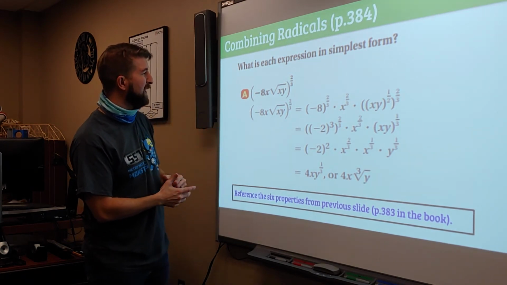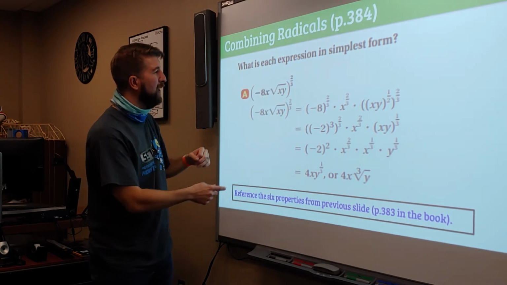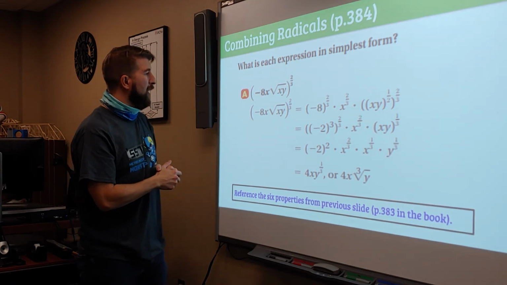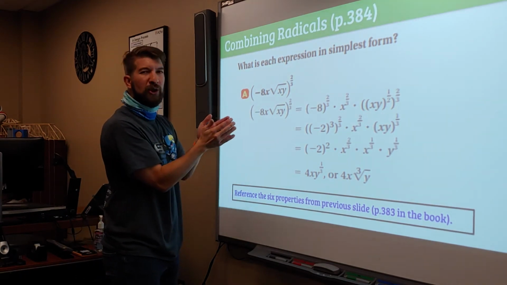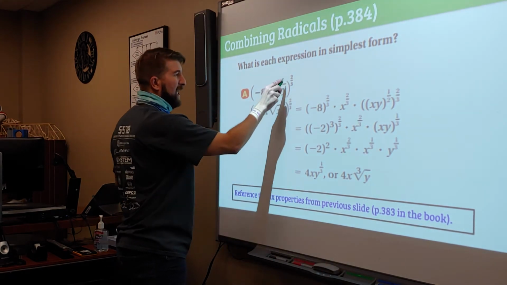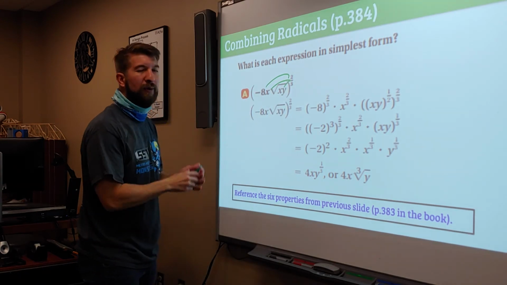So notice this one is negative 8x radical xy to the 2/3 exponent. So you have all these different features. What you're going to do is assign an exponent to each of these terms. Now the radical goes together.